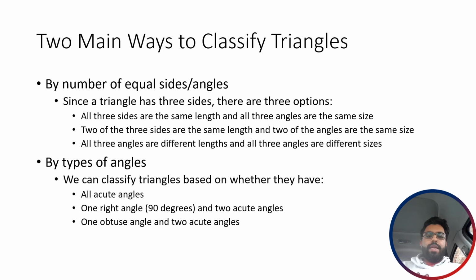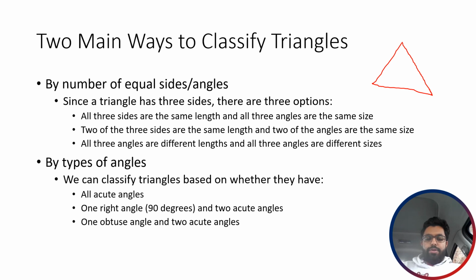But what we're going to do today is explore that same kind of idea, but for triangles. So the first way that you can classify triangles is by how many equal sides and equal angles a triangle has. So for instance, if I just draw a little triangle on here, something like this, right? There are three possibilities. You could have that all three sides are different lengths.